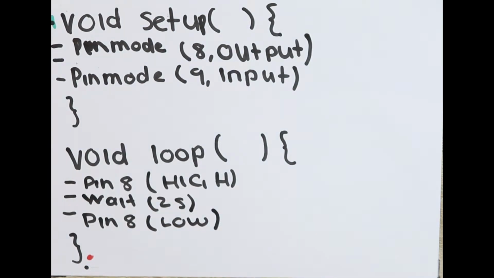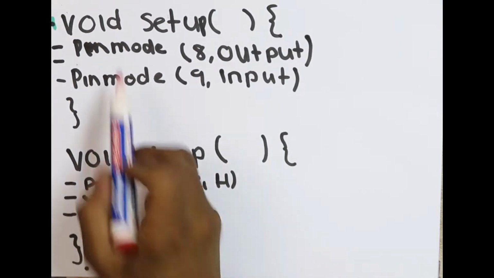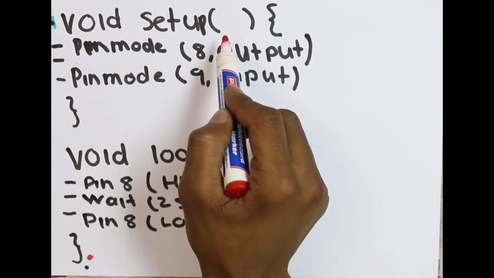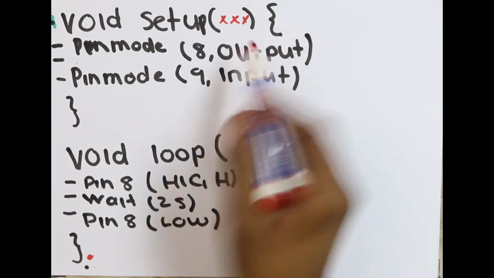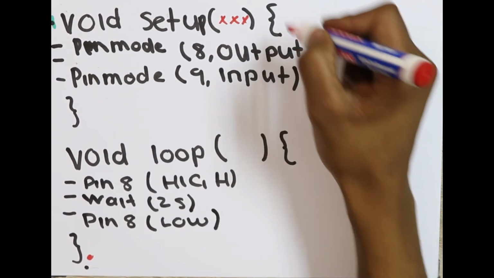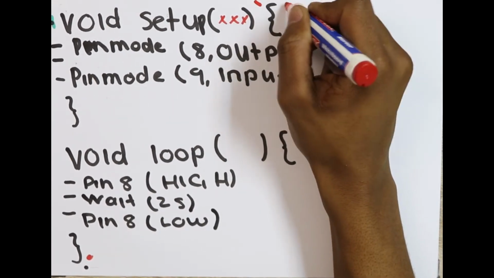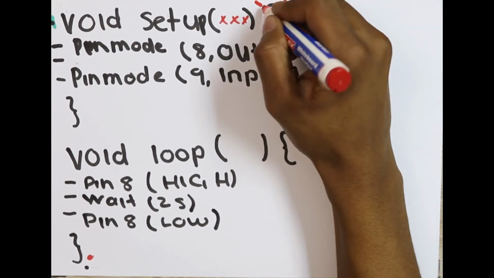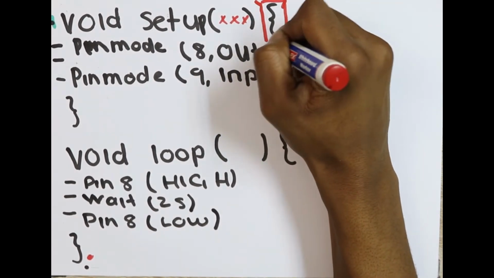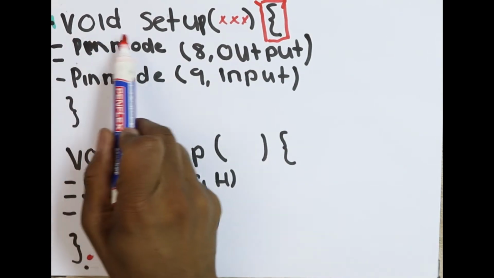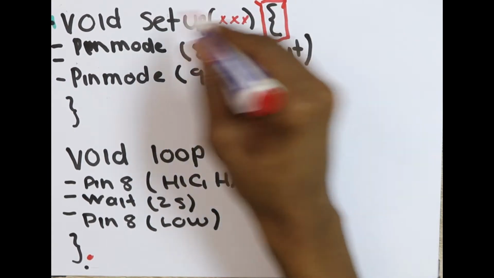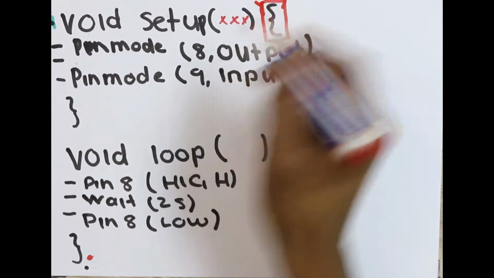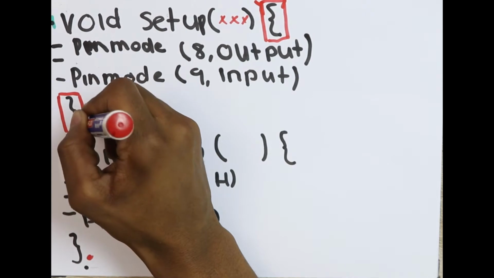So now let's just describe what we see here. We know now that it's going to start here and then read this. And since we're not specifying anything in these brackets over here, it's going to leave them like this. These squiggly brackets that you see over here indicate that the instructions that are linked to this function, which is void setup, are between this bracket and this bracket over here.